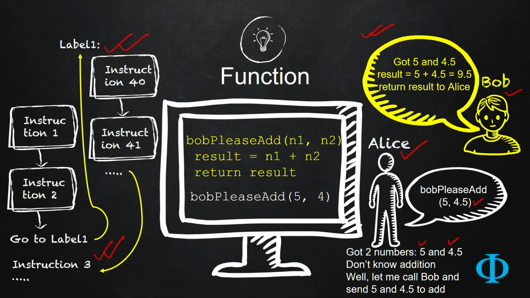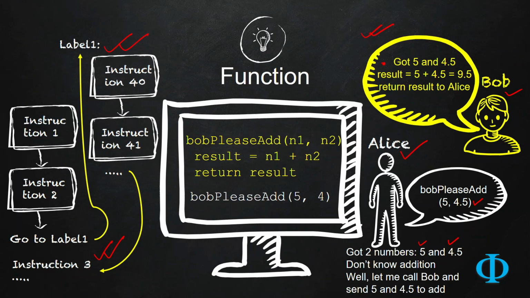So you call Bob and tell him, "Bob, please add," and send the two numbers that you really want to add. Now on the Bob side, what is happening? Bob got two numbers, that is 5 and 4.5, from you.